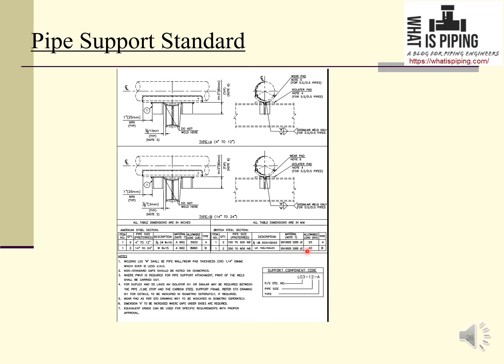Even allowable loads also, for example for 2-inch to 12-inch, using this standard support, load must be within 25 kg in axial direction, or for higher size 14 to 24-inch has to be within 40 kg in axial direction. And if any notes are required, this is the support tagging philosophy. So all these details will be mentioned in the support drawings, which will be documented for all supports in the pipe support standard.